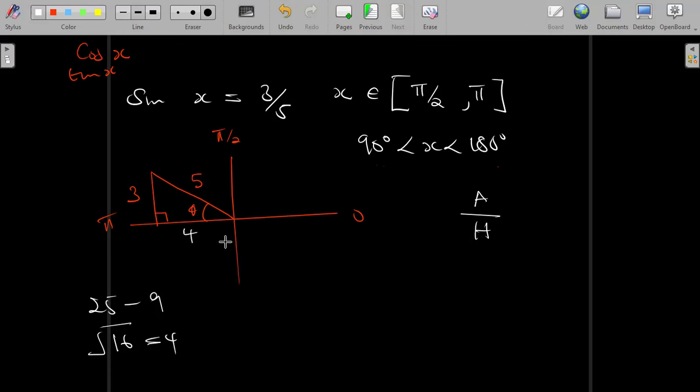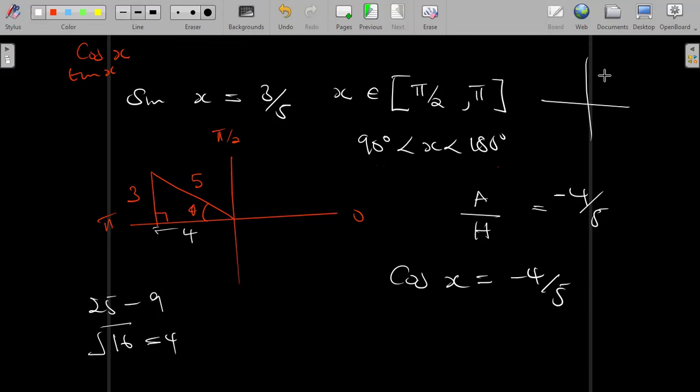One thing you must notice is that the hypotenuse is always positive. But when you look at this here, we are moving in the negative direction, this side. So it means that this 4 here is actually negative. So you have -4 and your hypotenuse is 5. So this gives you that cos x is equal to -4 over 5. So this fraction here is negative.